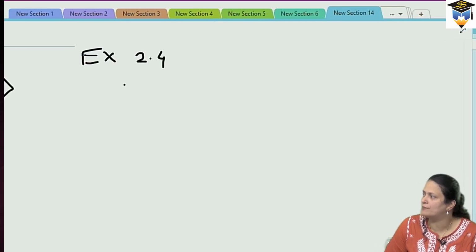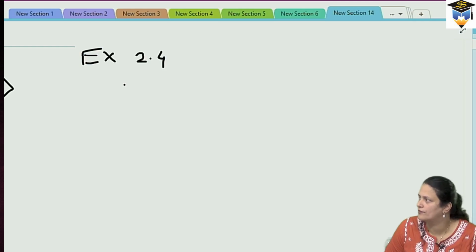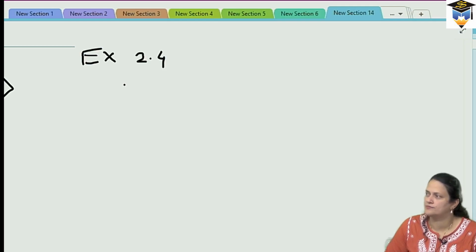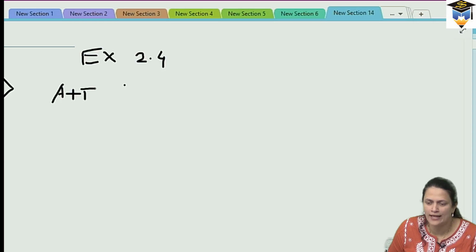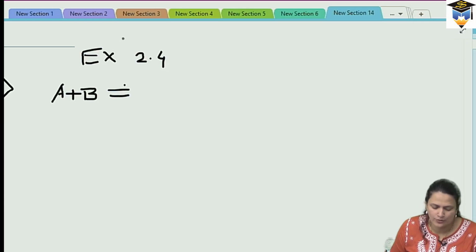Okay, this is example number 5. Now, as you can see, I am directly going to do A plus B. So basically I am going to add the elements of matrices A and B. I am not going to write down the matrix.